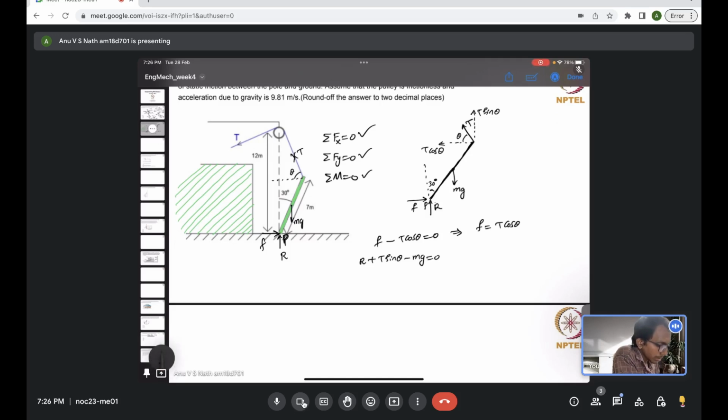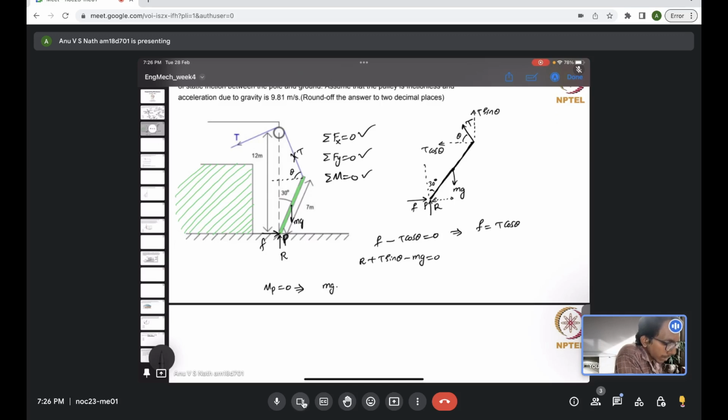So moment about point P should be 0. Both the friction force F and the reaction force will not cause a moment because they are passing through the point P. Now mg will create a clockwise moment. So mg times the moment arm, which for mg is this distance. Let's say the pole has a length L.